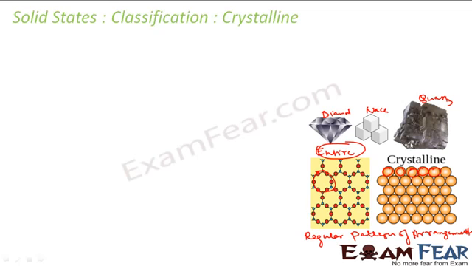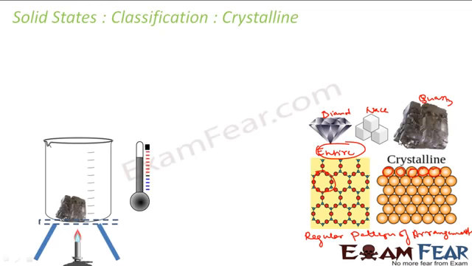Correct? So these are my crystalline things, and they have sharp melting points. If you take a particular crystalline substance, and this is a very key difference to find whether the substance is crystalline or amorphous, you heat it, keep heating it, and the temperature will increase, and then at one given sharp temperature, the whole of this crystalline will melt.